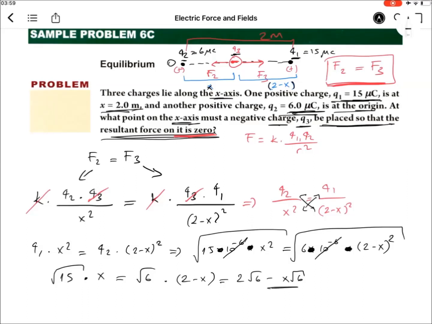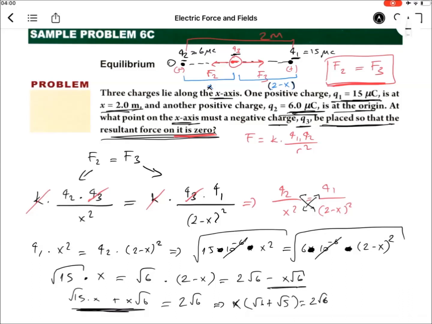When you send this to the other side, it will be root 15 times x plus x root 6, which is equal to 2 root 6. Here there is a common factor x, so x times (root 6 plus root 15) is equal to 2 root 6.